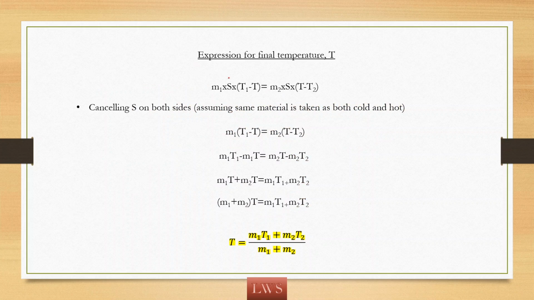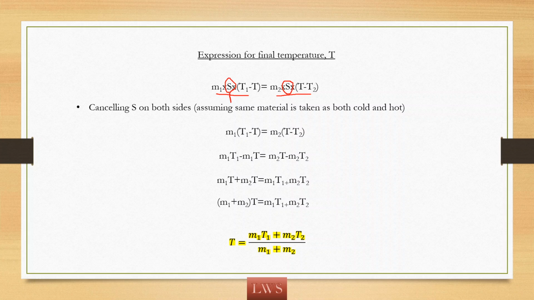So here on both sides S is the common term. So I am cancelling S on both sides. Remember, I can cancel out the S so that on both sides the value of S is the same. S means specific heat. When will specific heat be the same? Here this is for the hot body. Here this is for the cool body.